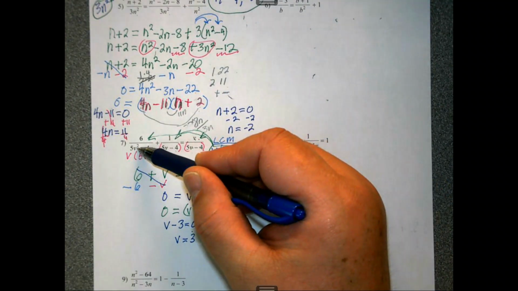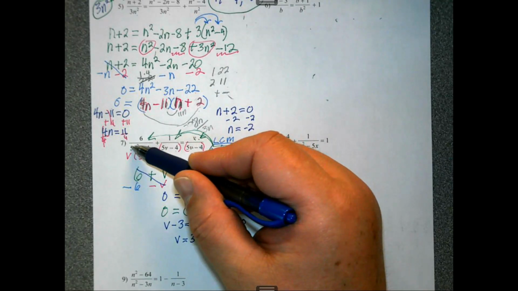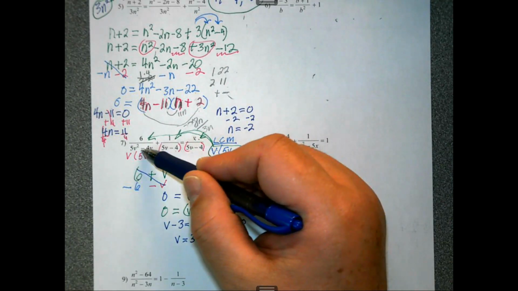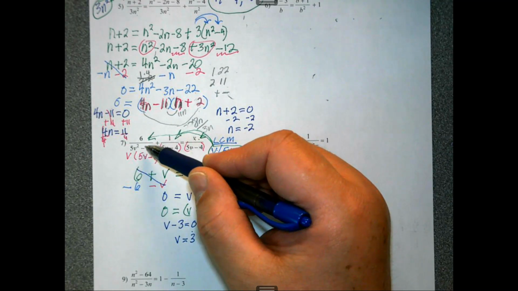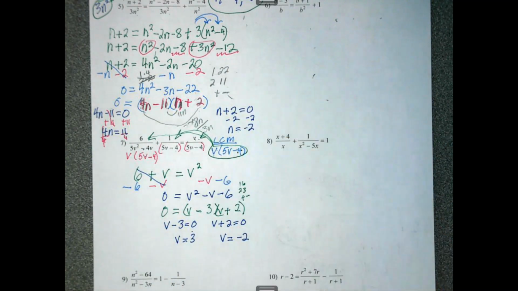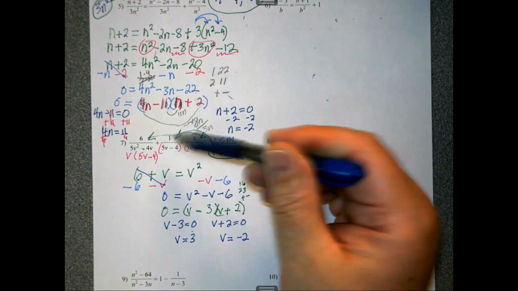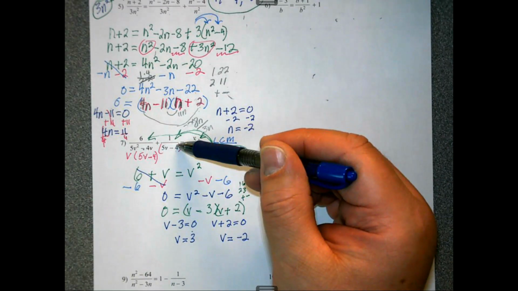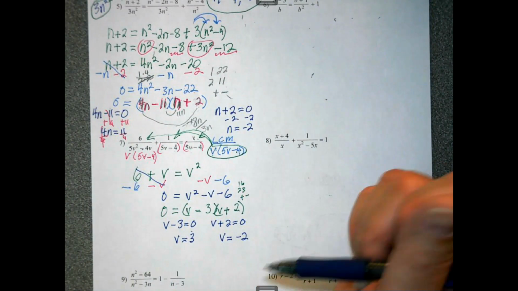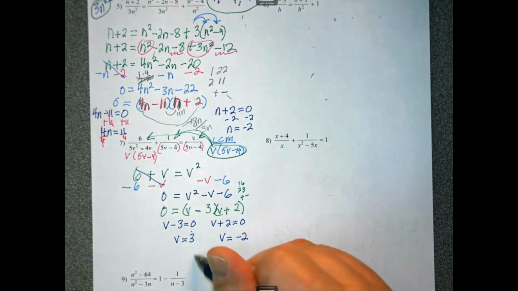Negative 2 squared is 4. 4 times 5 is 20. 20 minus 4 times negative 2 is negative 8, which change it to a positive. So 28, we're good there. Negative 2 times 5 is negative 10, minus 4 is negative 14. We're good there. So they both check.